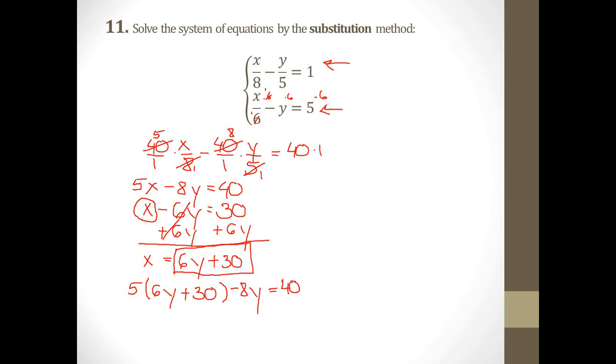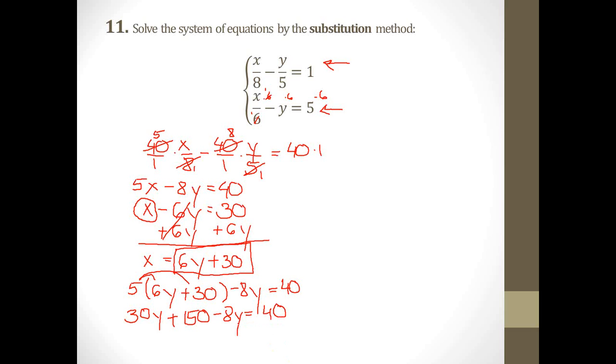All right. Using distributive property to get rid of the parentheses, distributing the 5, I get 30y plus 5 times 30 is 150, and then I bring down the last term, 8y, and all that is equal to 40.